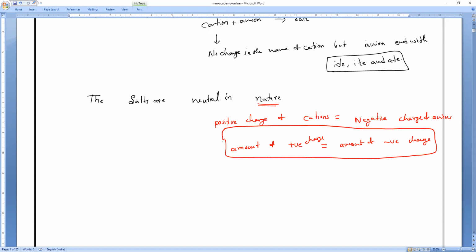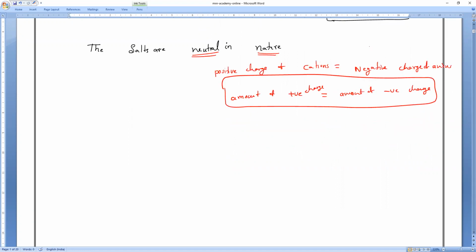So the salts are neutral in nature because the charge of the cations is equal to the negative charge of the anions. Hopefully everybody understands. Mr. Johan, Harish, any doubt? Anyone can ask.